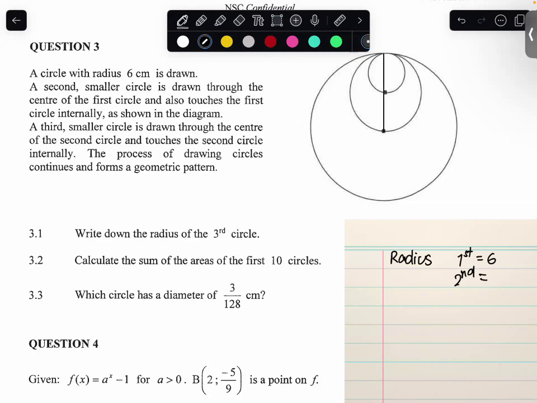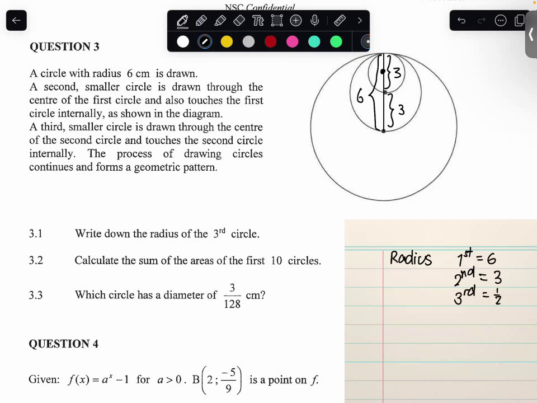So the radius of the second circle, which is this circle, is half of the first circle's radius. It's 6. The radius of the second circle is half of that, which is 3. And then this is also 3. So the radius of this smaller circle is half of this 3, which is 3/2.